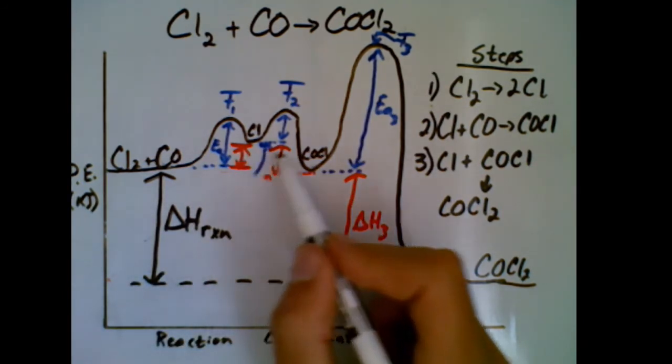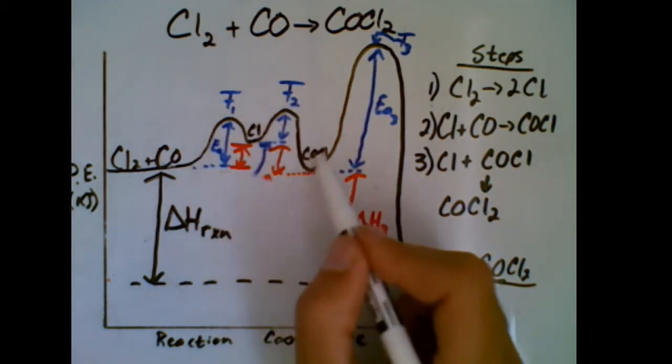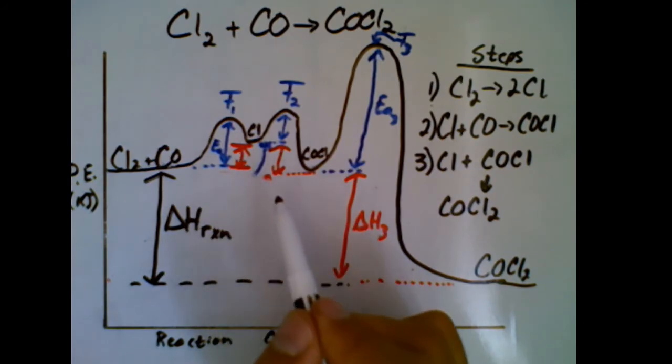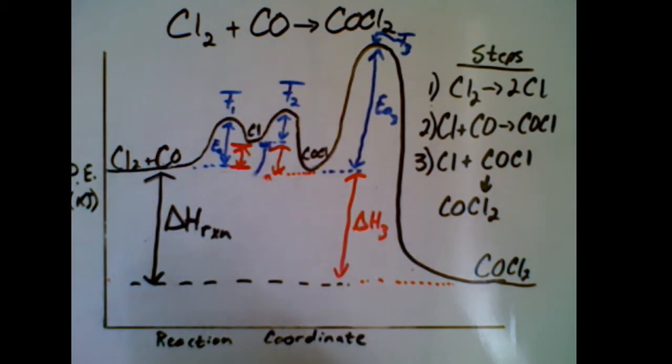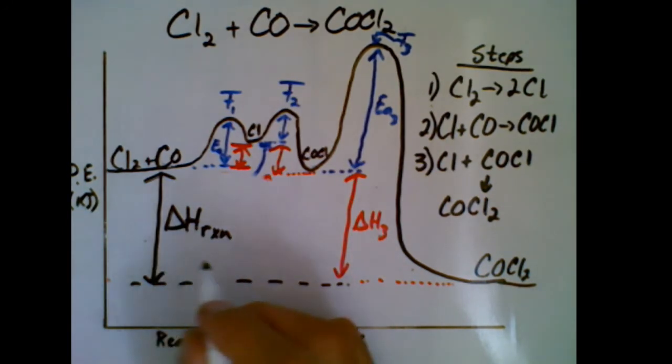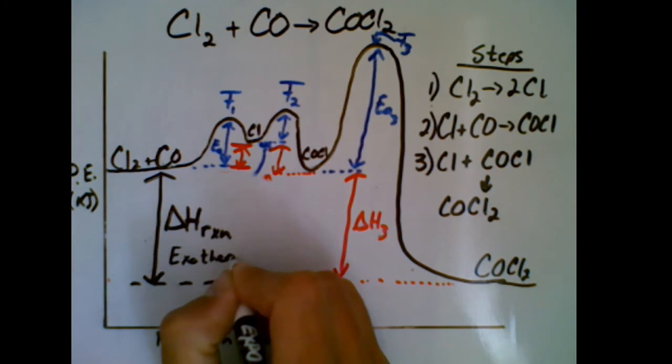But since each step has its own little bump, each step has its own enthalpy. But the overall reaction has its own enthalpy as well. You could actually tell that this would be an exothermic reaction based on what we see here.